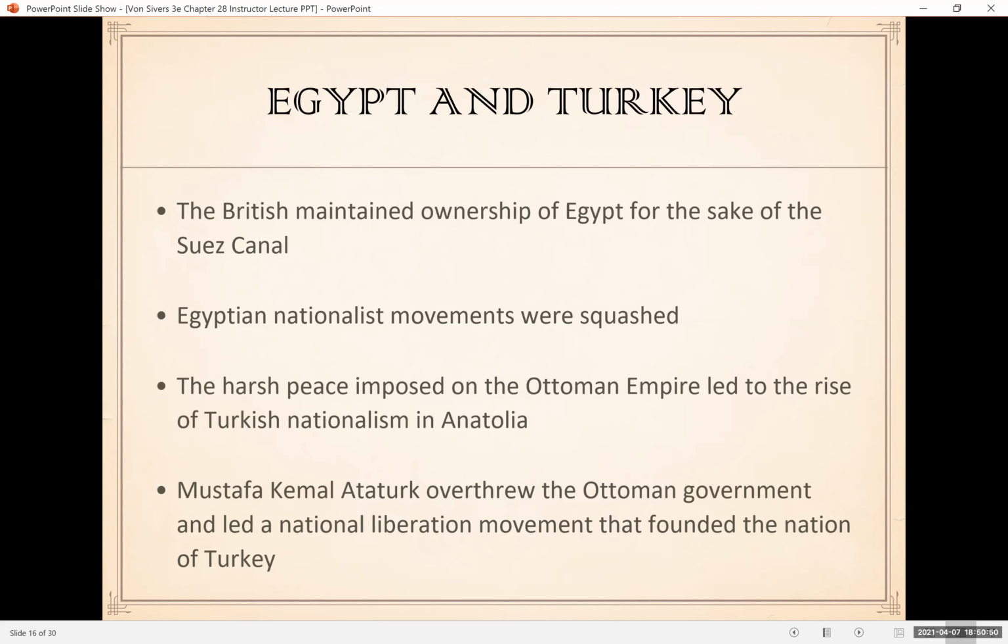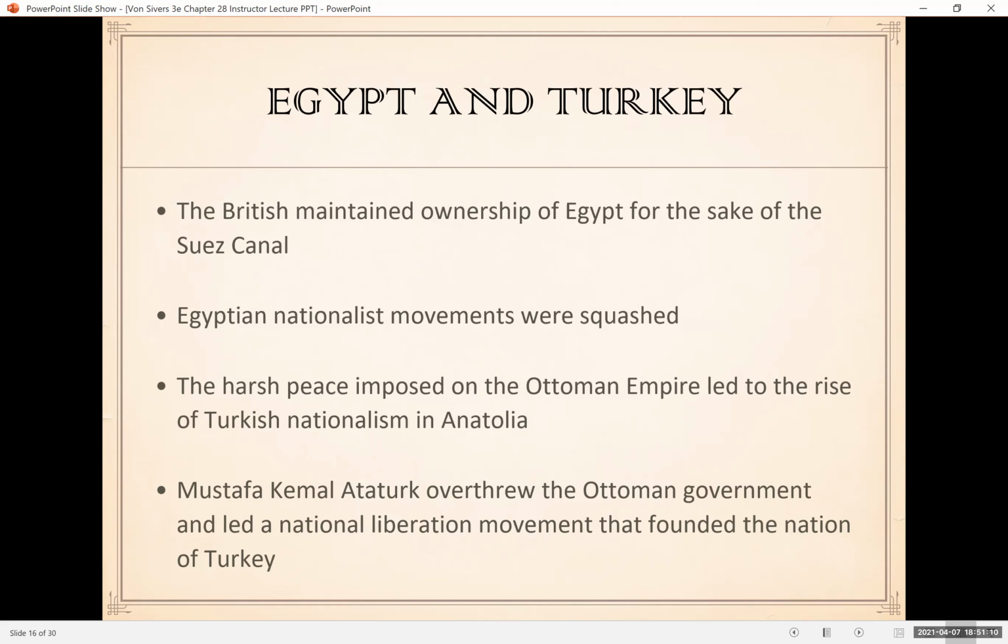And the leader of this movement, Mustafa Kemal Ataturk, is going to lead his Young Turks against the Ottoman government and lead a national liberation movement that will found the nation of Turkey.